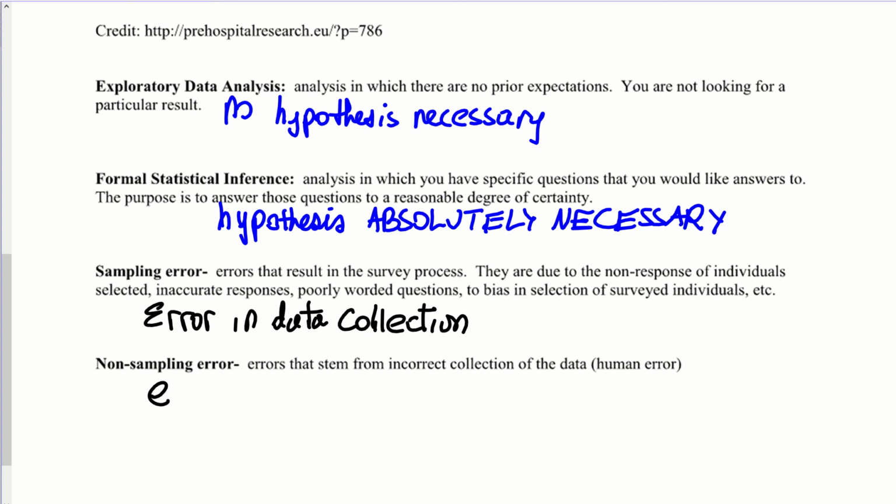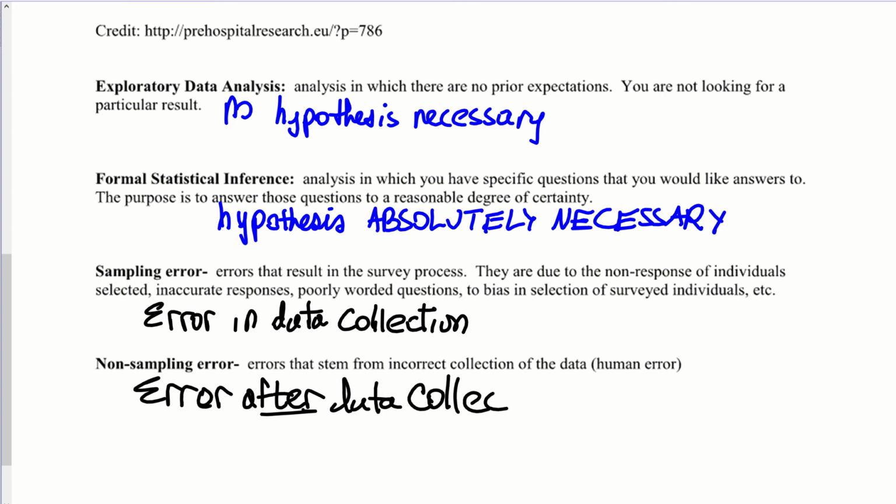Error after data collection. The people participating in the study did nothing wrong. You're the one that screwed up.